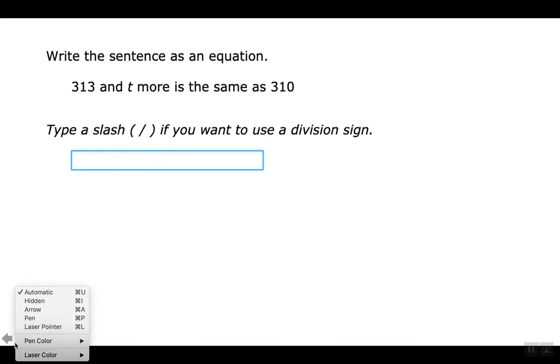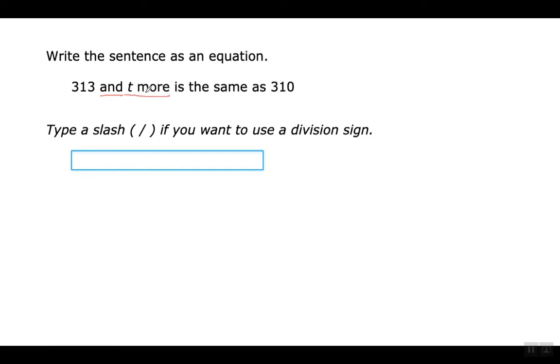Okay, so this one, 313 and T. All right, look, we haven't seen that one, but whenever they put and, that means you add. Let's look at the whole thing together because it says and T more.